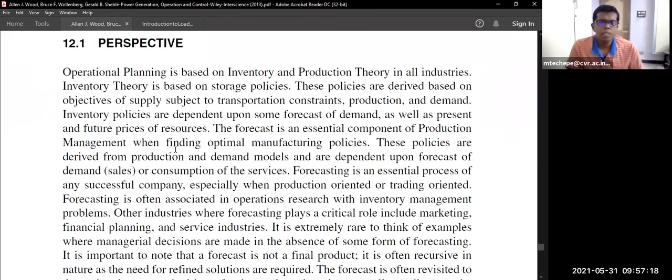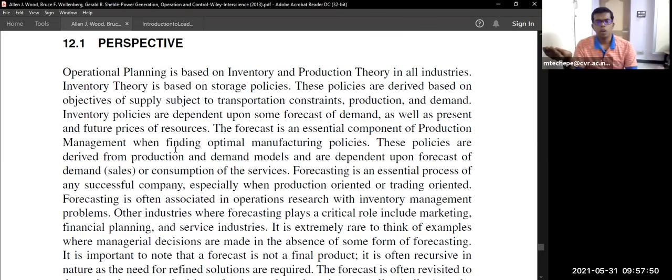Wherever forecasting might be there, even production companies, if you take small materials they are producing, say for example 1 liter water cans, they have to predict whether the product is selling daily or monthly. Say this many products are getting sold, 1 lakh products.